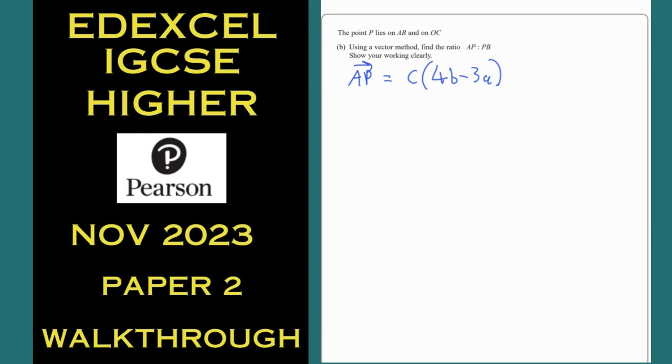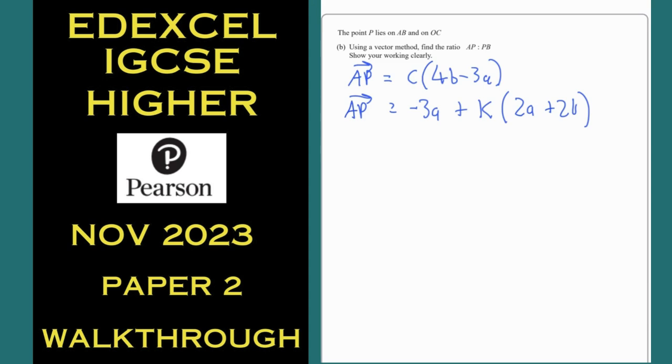But there's another way of getting from A to P, and that's to go to O first. So A to O is minus 3A, and then travel a multiple of O to C, which you did for part I. So it's a multiple of 2A plus 2B.